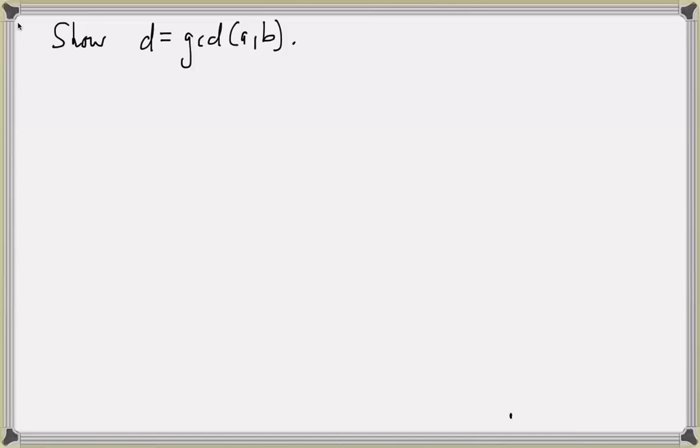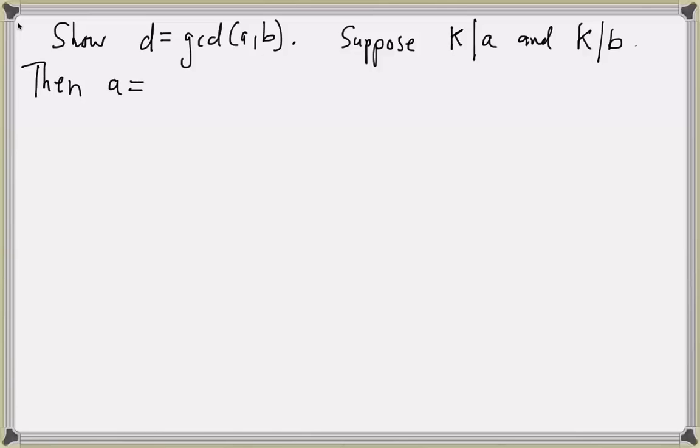I've shown that D is a common divisor of A and B, but now let's suppose we have another divisor of A and B. So suppose some integer K divides A and K divides B. Then A equals Km and B equals Kn for some integers m and n.